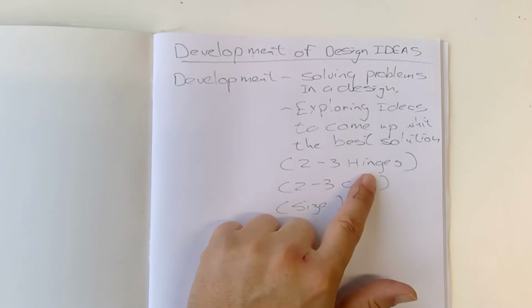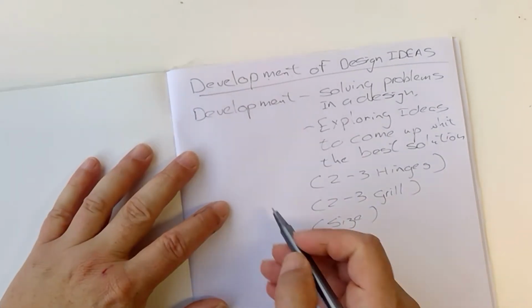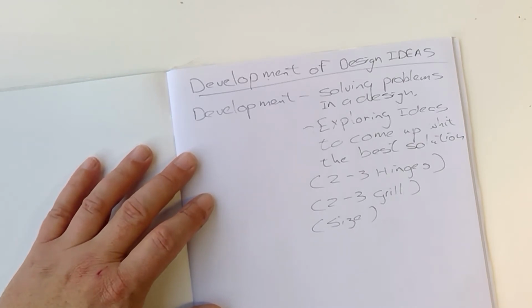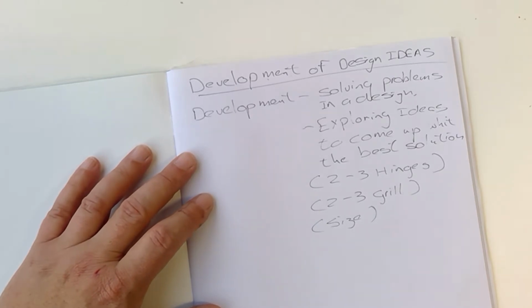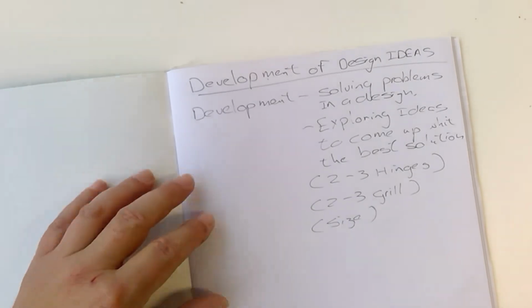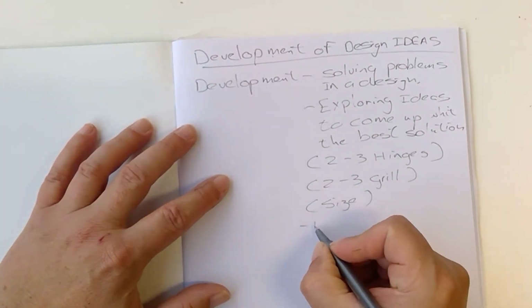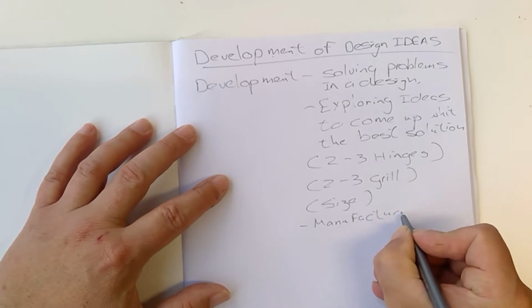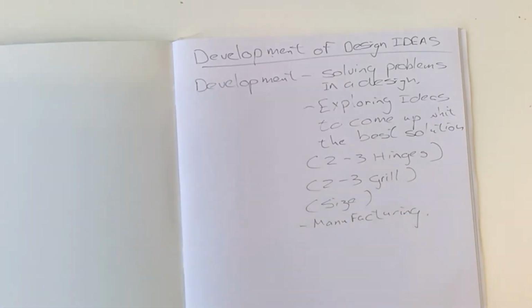What I like about that one is the hinges are not an external part. The hinges were cast with the lid and the bottom. There's just a little shaft that goes through both sides, and that creates the hinge. From a manufacturing point of view, that makes it easy. So manufacturing is quite important.